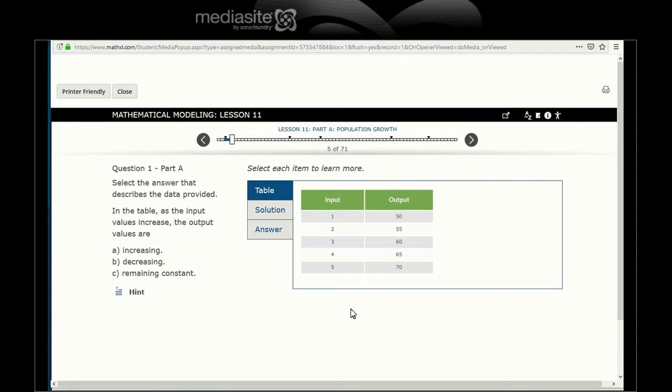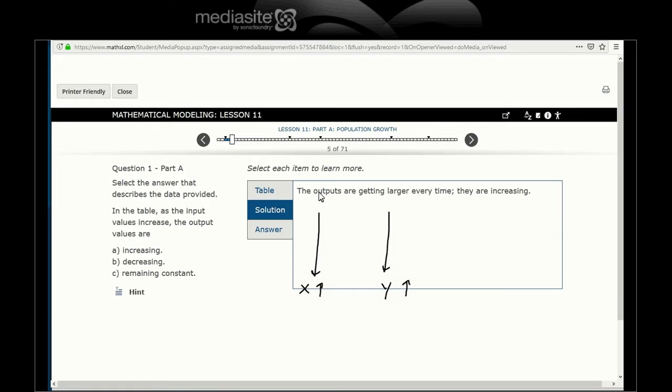As we go this way, basically X is going up, and as we go along here, it looks like Y is also increasing. 55 is bigger than 50, 60 is bigger than 55, 65 is bigger than 60, and 70 is bigger than 65. So the answer must be A, increasing.